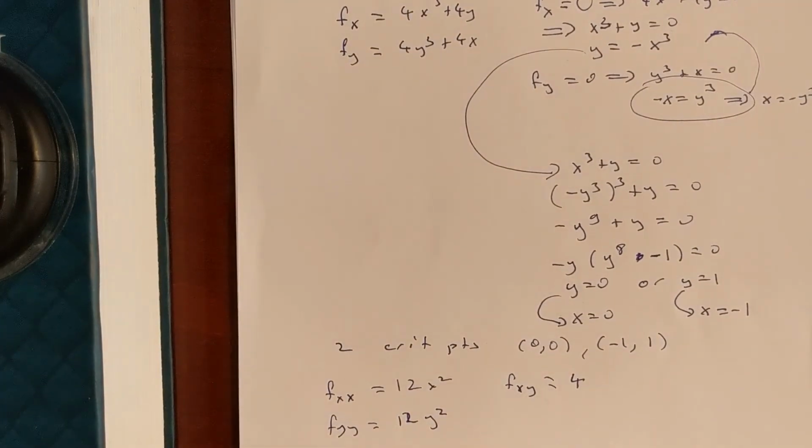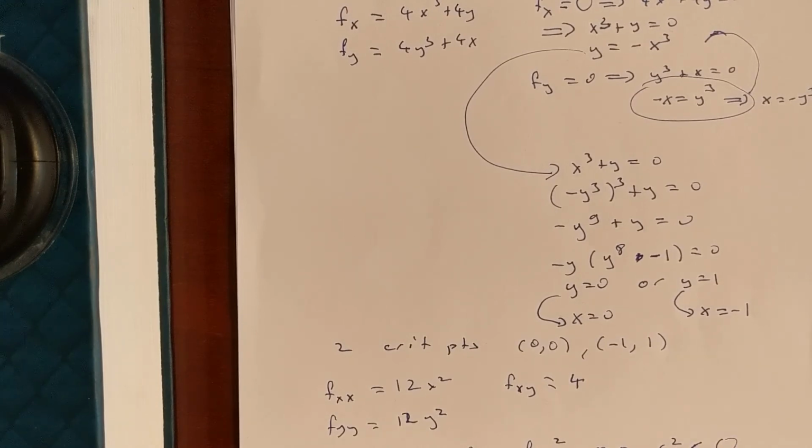Okay. So now let's evaluate at 0, 0. What are we going to get? At 0, 0, we'll have f sub xx times f sub yy, minus f sub xy, the whole thing squared. Well, what's that? Everything's 0 here. 0 times 0, minus now 4 squared, which is 16. Guys, this is less than 0, okay?